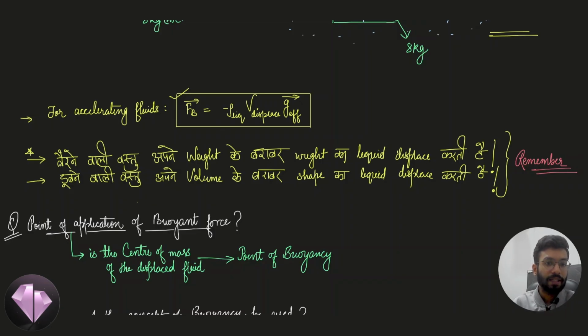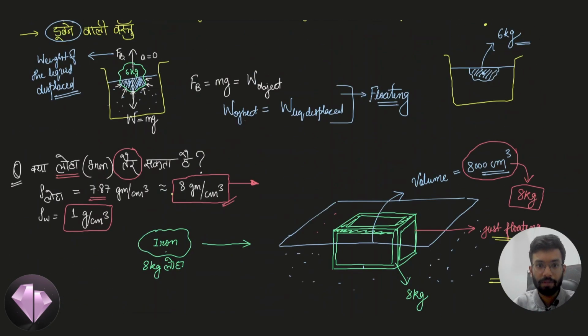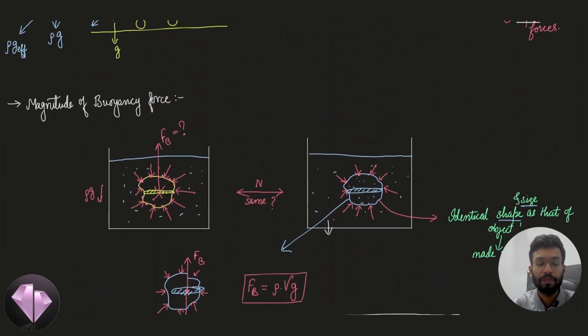We had already seen that तैरने वाली वस्तु अपने weight के बराबर weight का liquid displace करती है. What about the डूबने वाली वस्तु? डूबने वाली वस्तु अपने वॉल्यूम के बराबर वॉल्यूम का लिक्विड डिस्प्लेस करती है. See, this is something which we had seen in the very first, जब हमने buoyant force का मैग्नीट्यूड निकालने की कोशिश की थी.